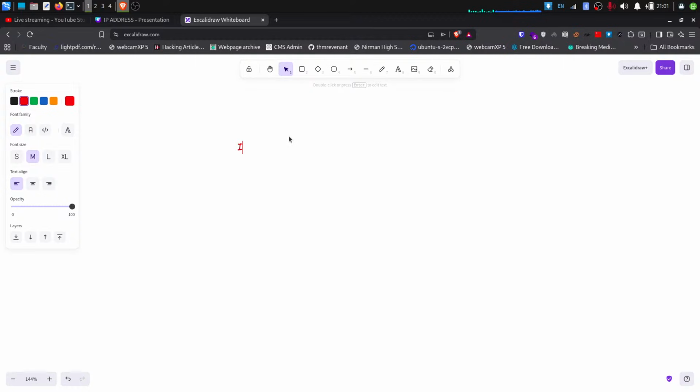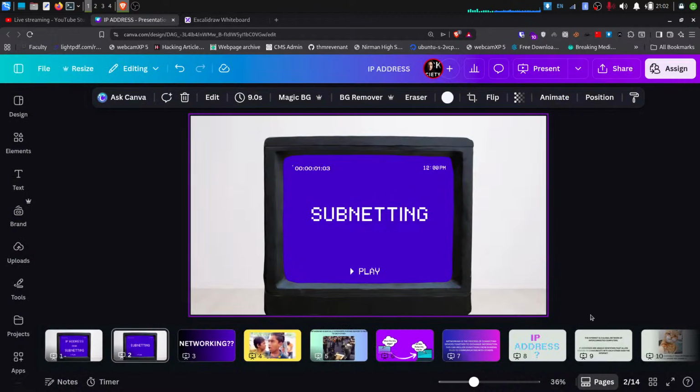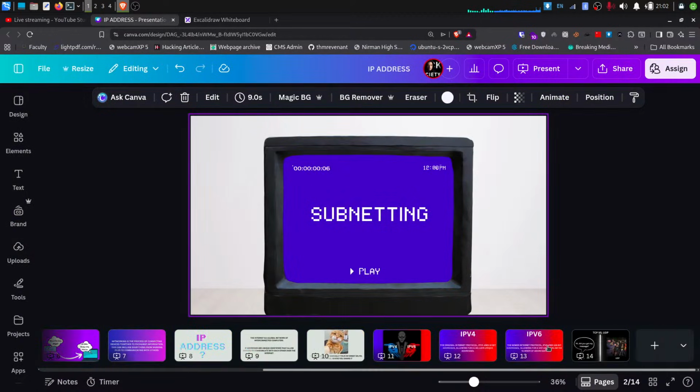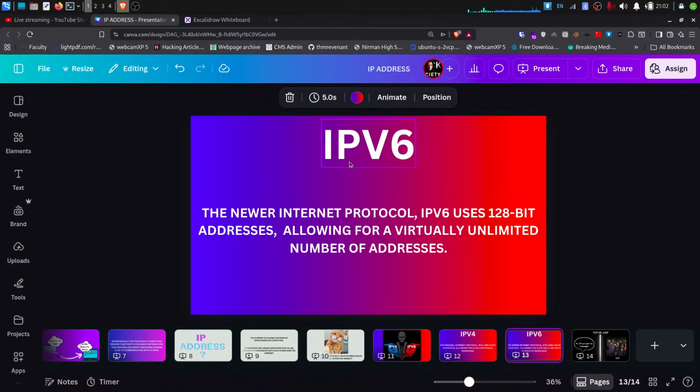So we'll get a basic understanding of IP version 4 and IP version 6. We are already clear with version 4, but version 6 was pending. I'll show you an example. IP version 6 is basically the newer internet protocol, and it uses 128-bit addresses, allowing for a virtually unlimited number of addresses.